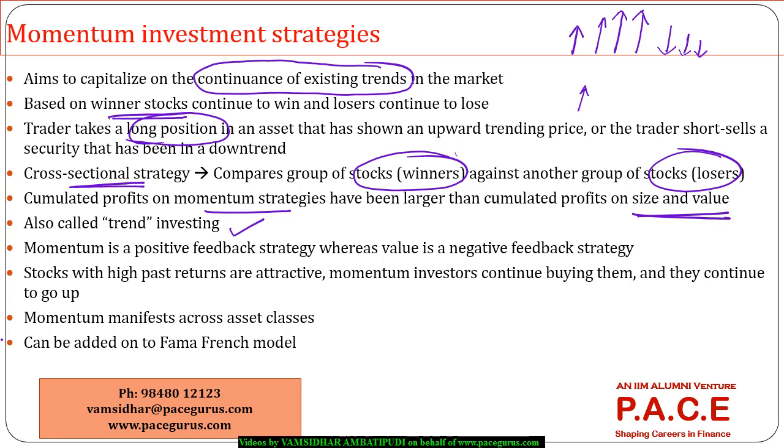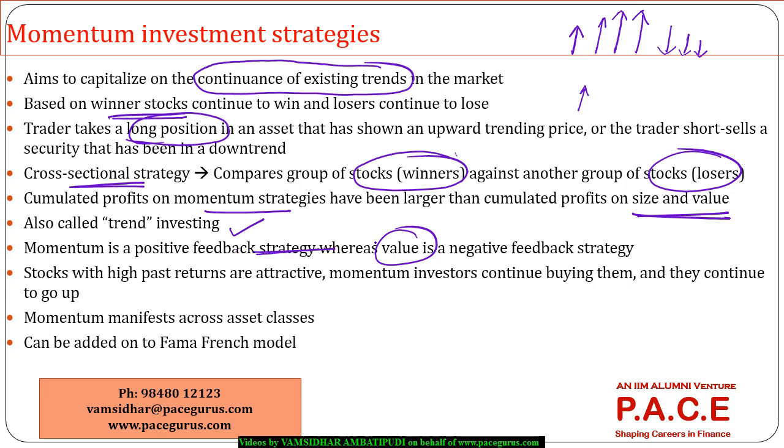Because momentum wise, we are looking at it as with the correlation. So that's where we are calling it a positive feedback strategy, right? Because anything that is going up, we say it's better to invest. Anything that is going down, we say it's not good to invest. So the higher means invest, the lower means do not invest.